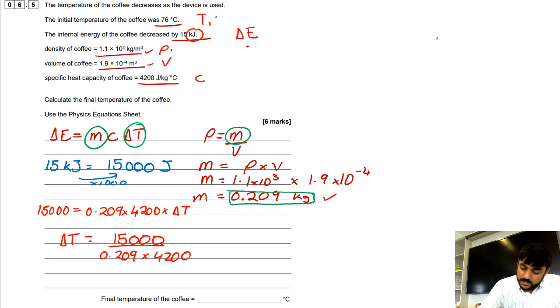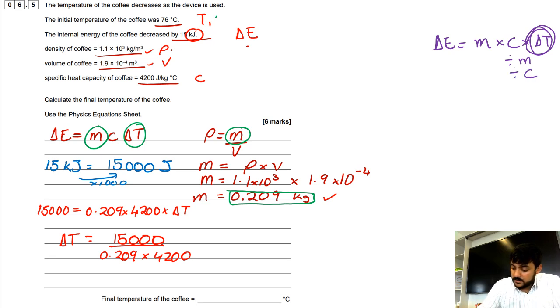Watch this. Change in energy is equal to mass times specific heat capacity times by change in temperature. If I want change in temperature on its own, I have to divide this side by mass and divide this side by specific heat capacity. Well, specific heat capacity and mass are being timesed by change in temperature, so let's take those two together.